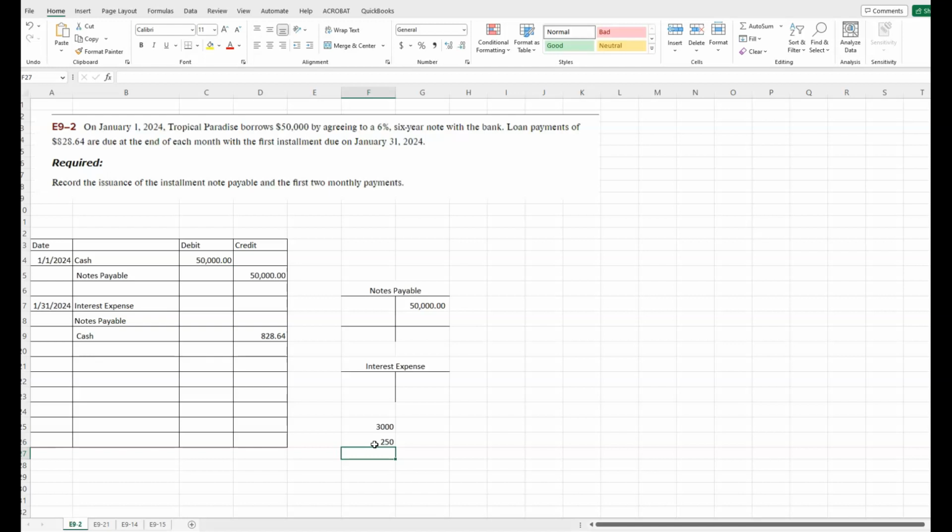That gives us $250 for interest in the first month. So $250. The difference between the amount we paid and the interest expense is going to be the amount that reduces the principal amount on the note. So that would be $828.64 minus $250.